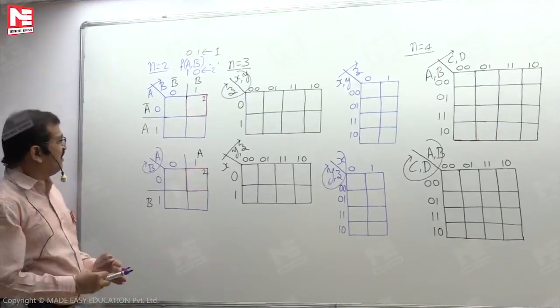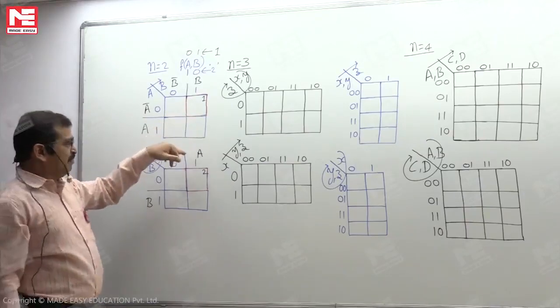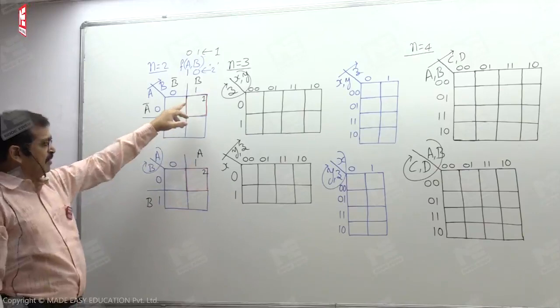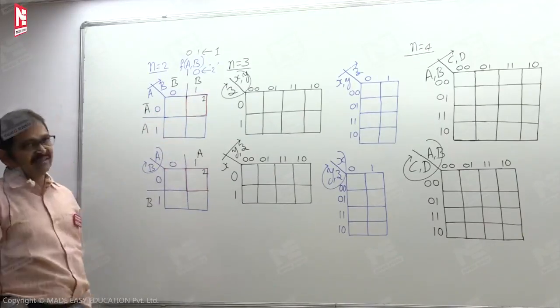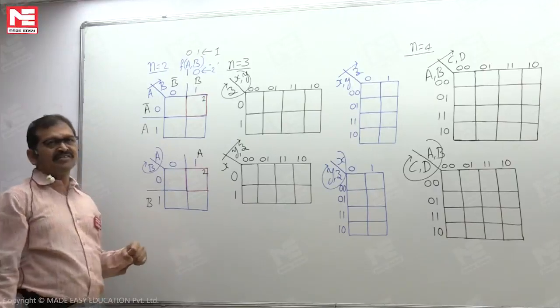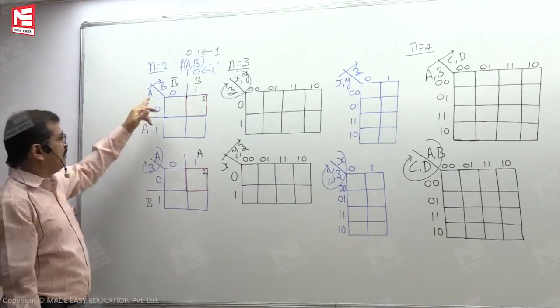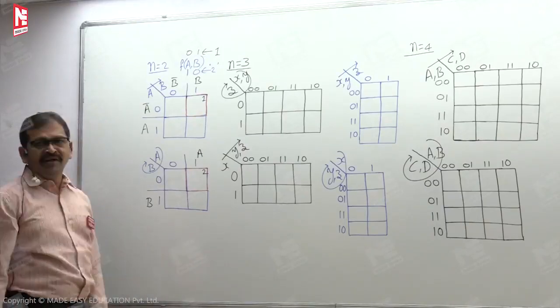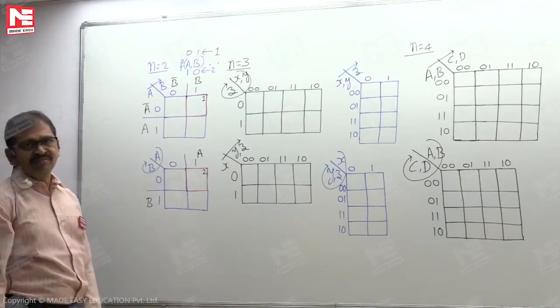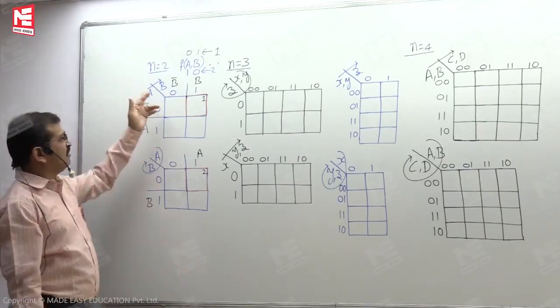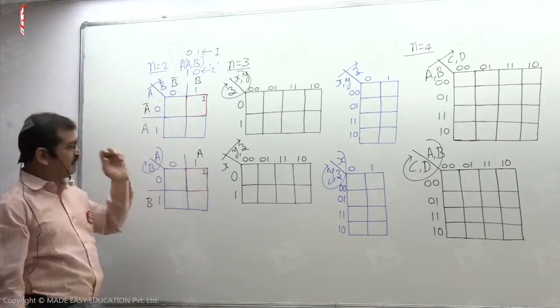In fact, the reason the cell numbers differ, though locationally we have the same place, is how we are accommodating the variables. Based on how we accommodate variables, the cell numbers will differ.